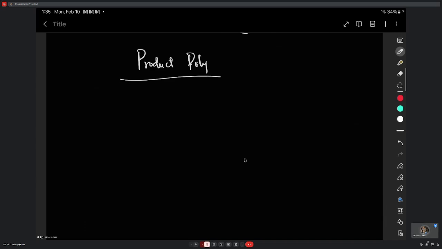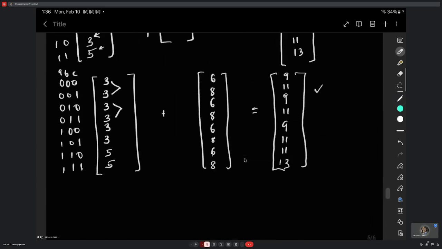So let's say we have a_i of b, c, and I want to multiply it with w_{i+1} of b, c. It's b, c now because we've added those two: w_{i+1} of b plus w_{i+1} of c.